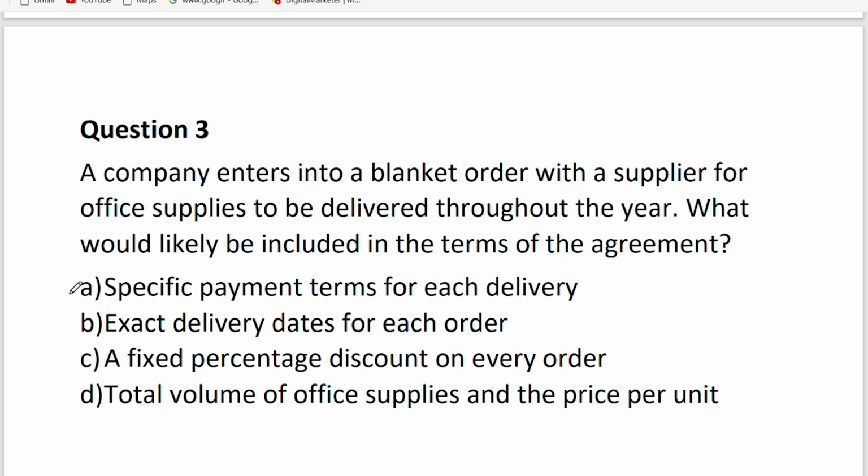Specific payment terms for each delivery, exact delivery dates for each order, a fixed percentage discount over a year, total volume of office supplies and price per unit. Because we are saying we are going to deliver office supplies throughout the year, we just need to know how many you are going to need, and the price per unit. Now that we know the volume, the question of when you'll require them will depend. Is it a regular or an irregular order?